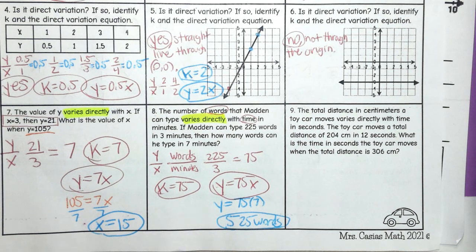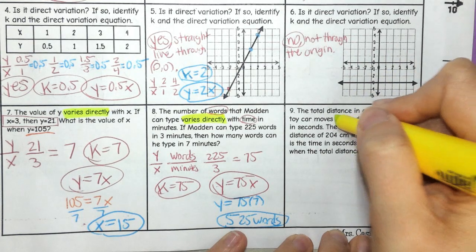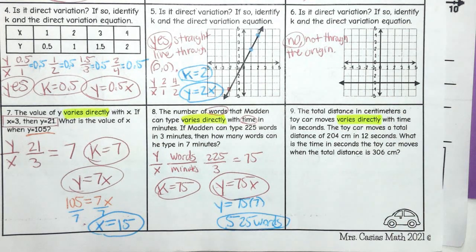The next one is the same type of story problem. The total distance in centimeters a toy car moves varies directly with the time in seconds. So again, I heard varies directly. What two things did it say vary directly?